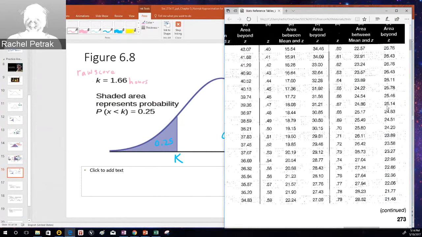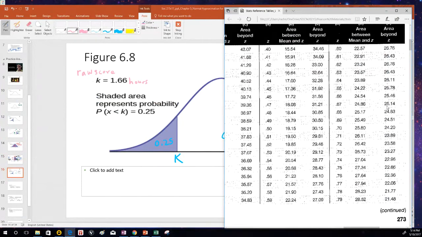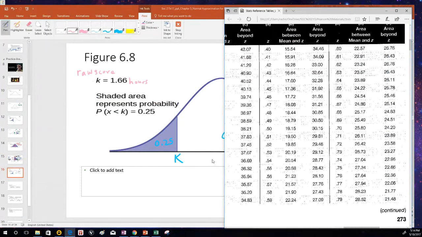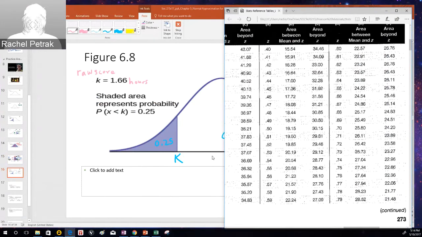So I'm going to go with 25.14, or the z-score of 0.67. So if you look across the row, for this location in the table, you'll see the z-score is 0.67.